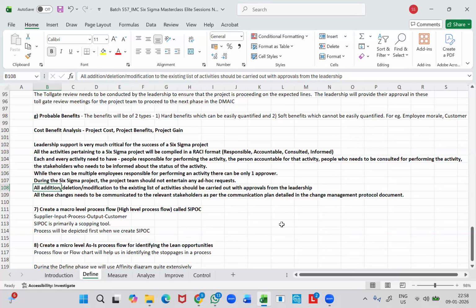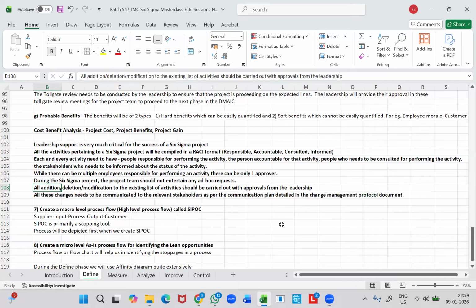Similarly, all those changes with regard to the Six Sigma project, how they need to be communicated and who all would be the stakeholders who need to be communicated about these changes will be clearly mentioned in this change management protocol document, and we need to adhere to the communication plan as detailed in this document while announcing all these changes in the Six Sigma project exercise, right?